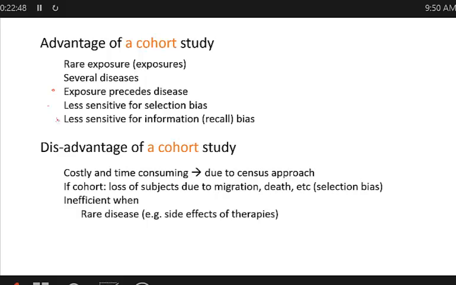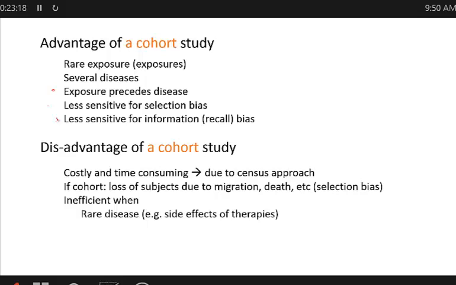And the last one, particularly when you're doing a prospective cohort study, since you are collecting data for your research, you probably have a design set up so you avoid information bias. Okay. So for example, the people who measure outcome, you can make sure that they are blinded to exposure status.